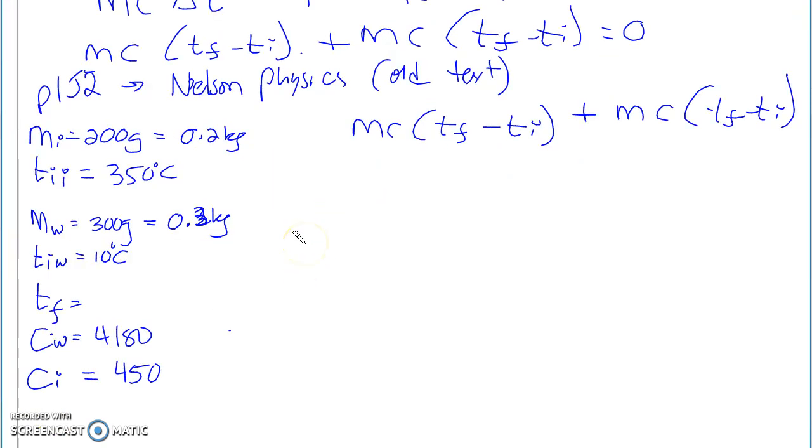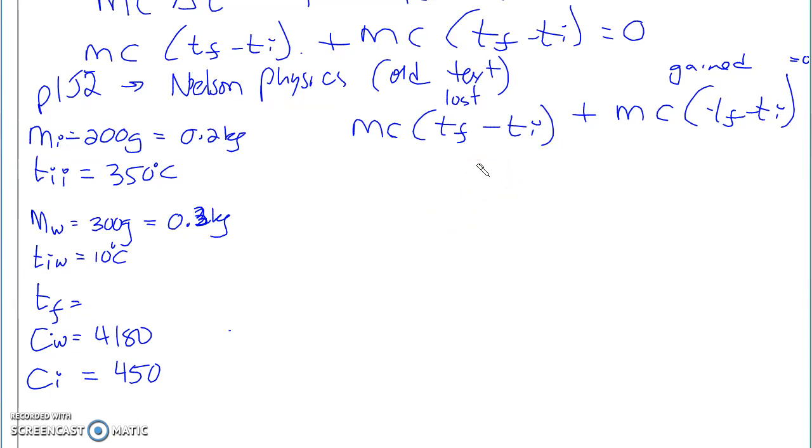Thank you for reminding me. So we're going to do the loss from the iron plus a gain from the water, which will give you 0. Remember, we're taking the iron and putting it inside water, so we're going to have an iron-water mixture with a final temperature that's the same for both.